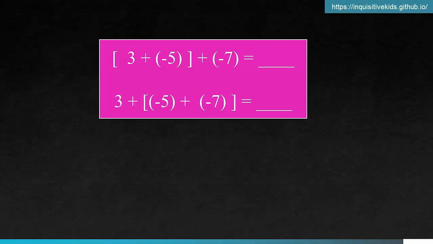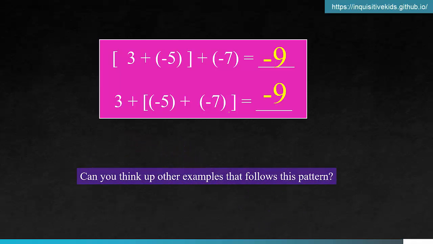The only difference between these two equations is that in the first equation, we're adding 3 plus negative 5 first, and in the second equation, we're adding negative 5 and negative 7 first. But we find out, if you do the problem, that they are both equal to negative 9. Can you think of other examples that follow this pattern?